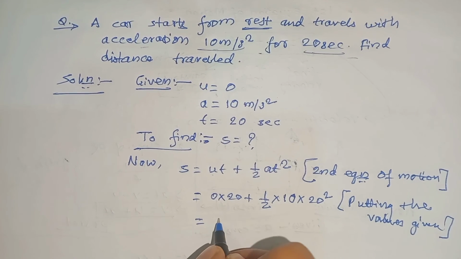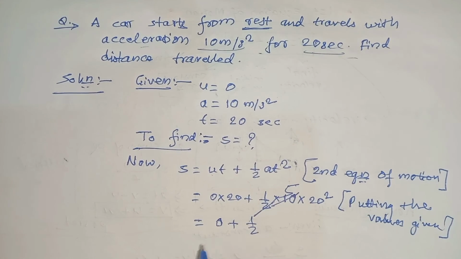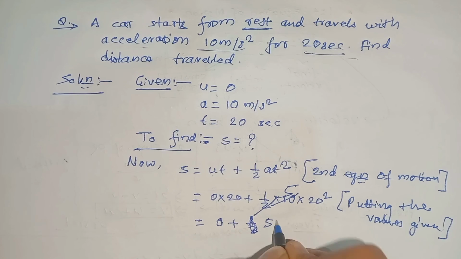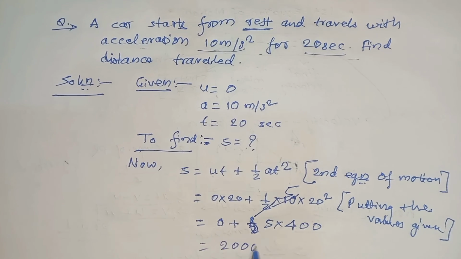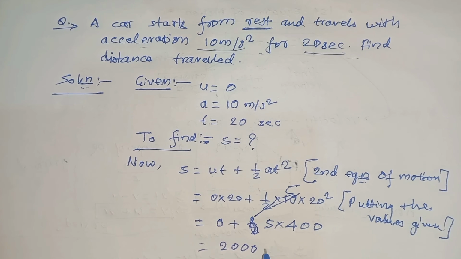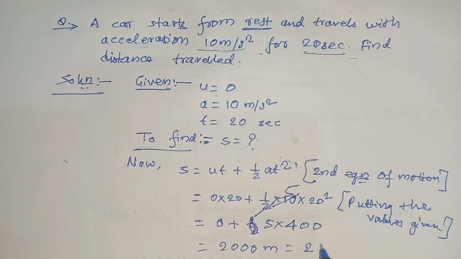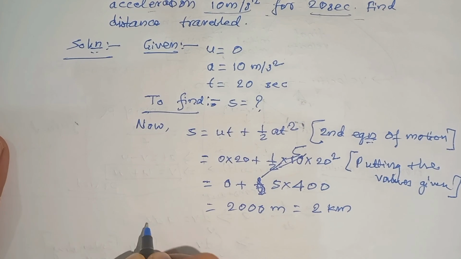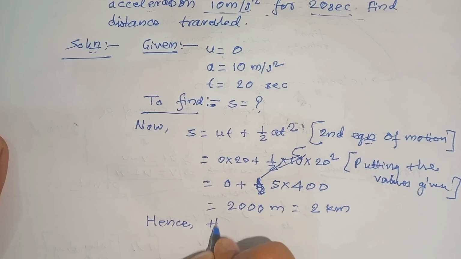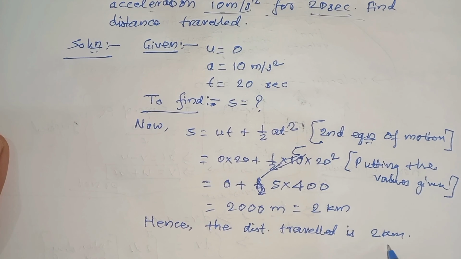Now this will be 0 plus half into 10, that is 5, into 20 square, which is 5 into 400, that is 2000 meter, or you can say 2 kilometers.